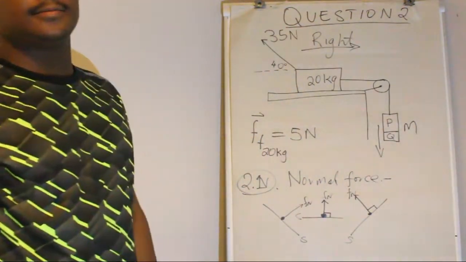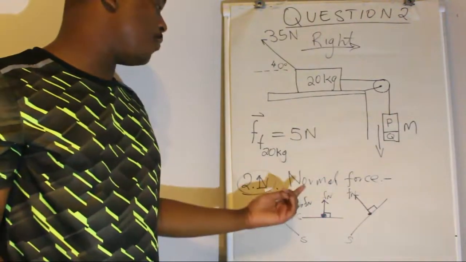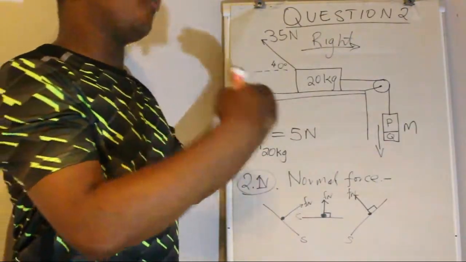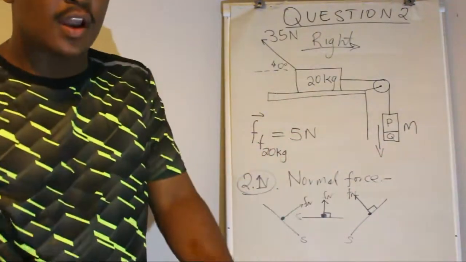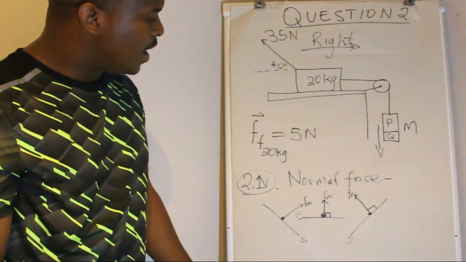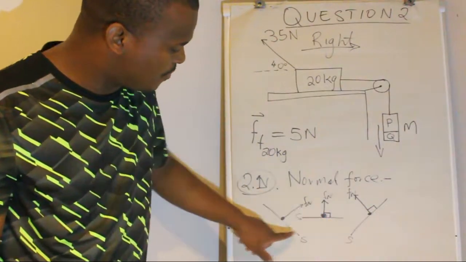That's how you define it. A normal force is a force exerted by the surface on an object, and that force is always perpendicular to the surface. The surface will not exert a force that is not perpendicular to it. So they will always form 90 degrees.